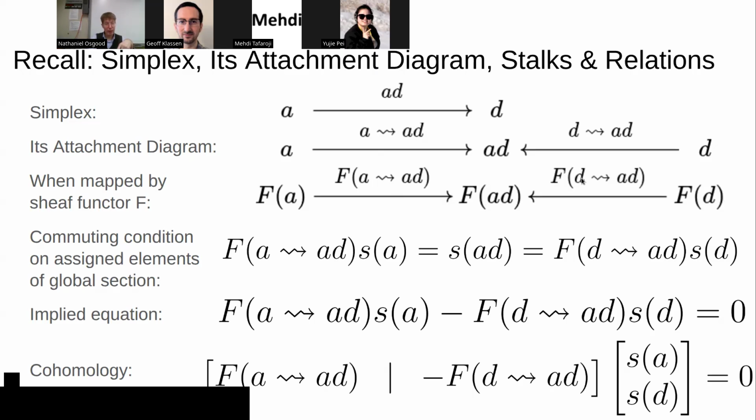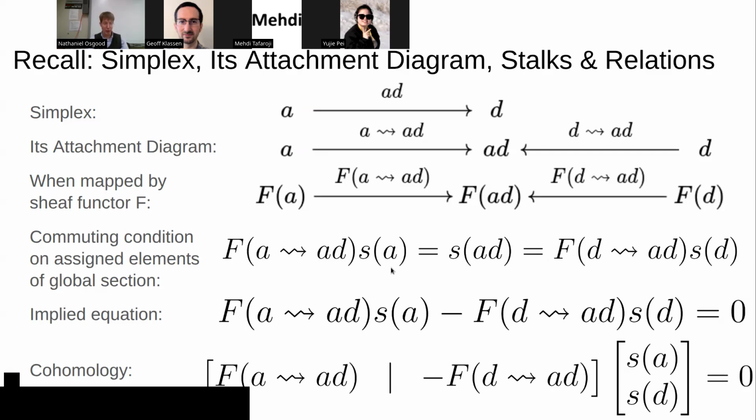This is a map here with the squiggle. So we need this to equal this. I'm going to subtract this from this and say it has to equal 0.